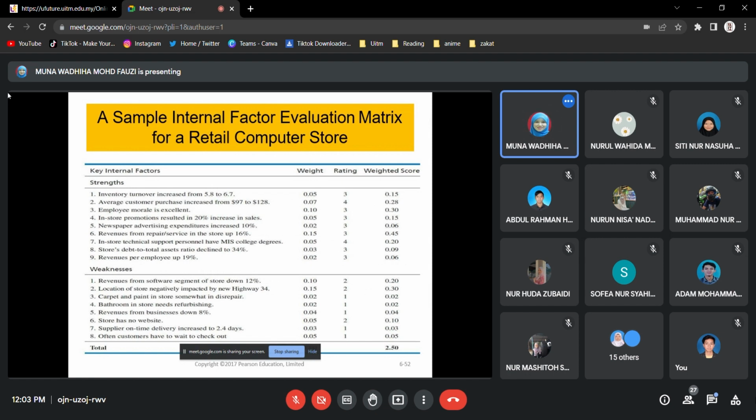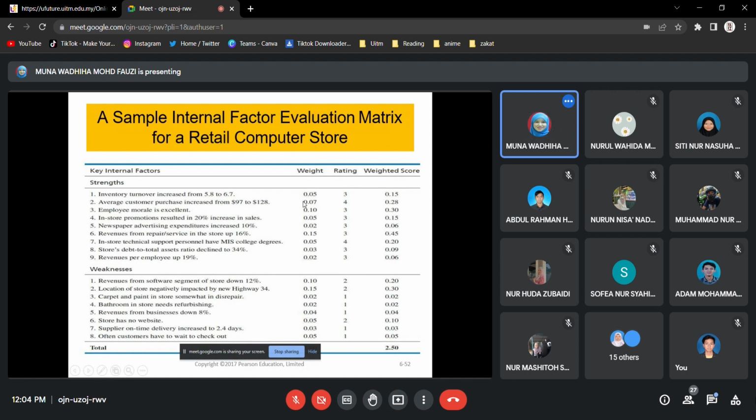So we need to identify exactly what the strengths are and what the possible weaknesses are of each organization or business. From here you can see the rating and weighted score. You need to assign a weight. Let's say employee morale is excellent, you will give 0.10, for example.